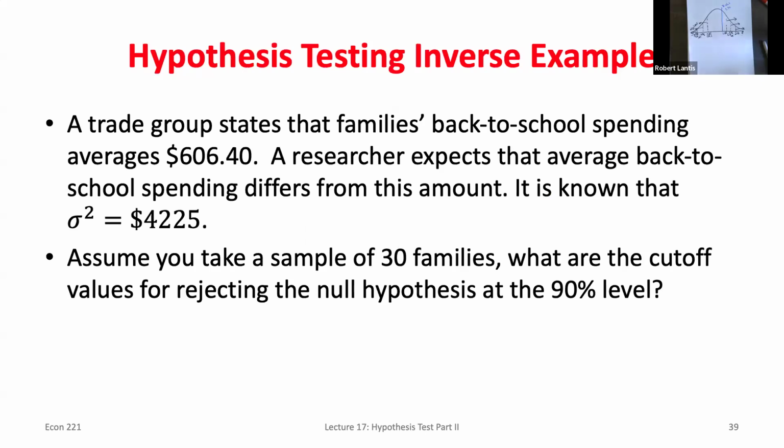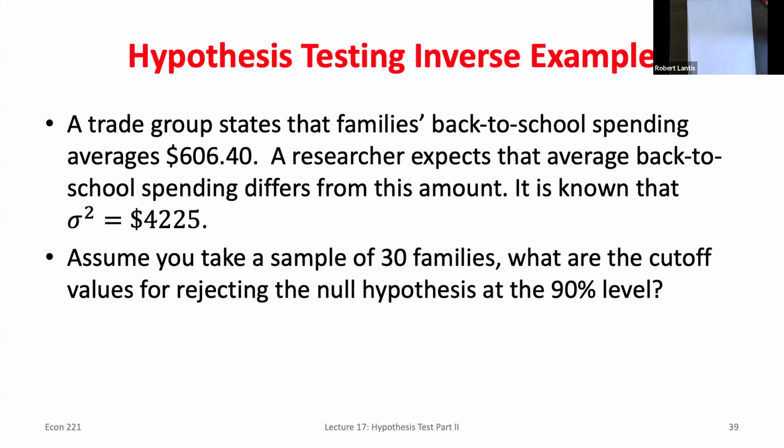Here's an example, a type of question you could see that's a little bit more tricky than what we've done up to this point. Let's assume I have the same setup for this school spending example, but I want to know, what would the cutoff value be?